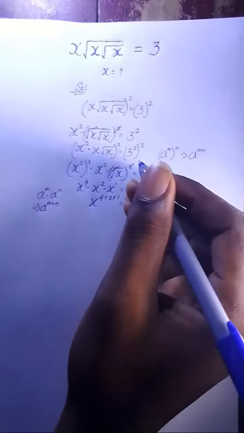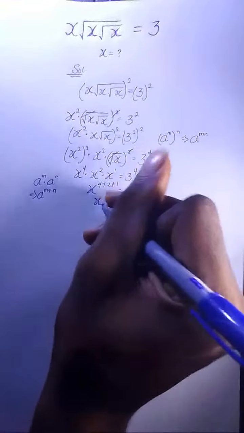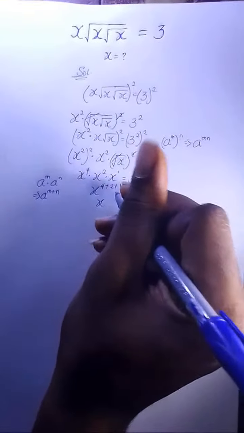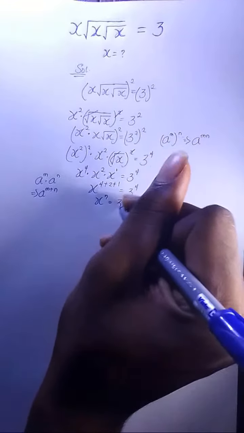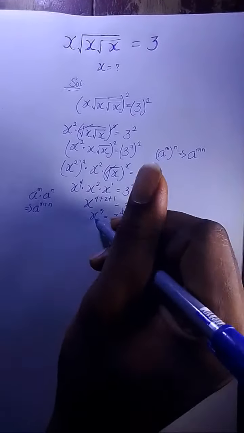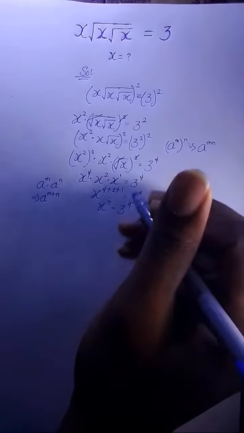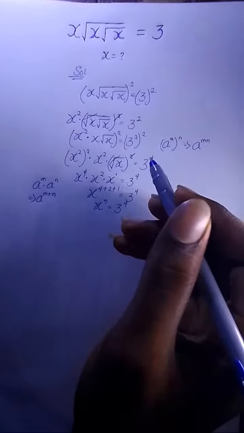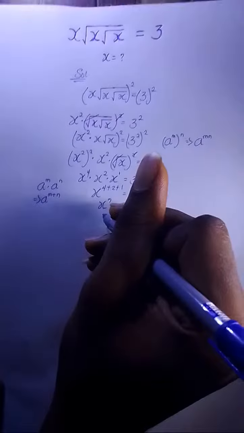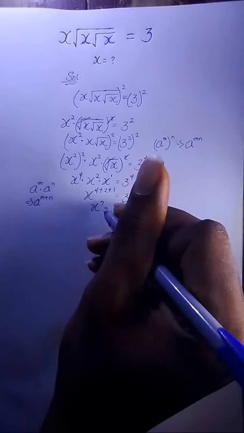So from here we have x raised to the power of 4 plus 2 plus 1, which gives us 7, equals 3 raised to the power of 4. Now we want to find the value of x, and we have x raised to the power of 7 here. So we take the 7th root of both sides by multiplying both powers by the inverse of 7.